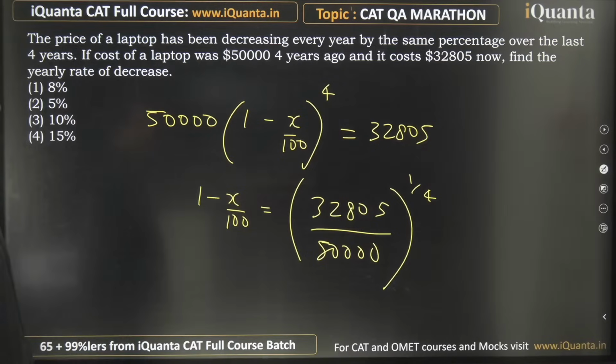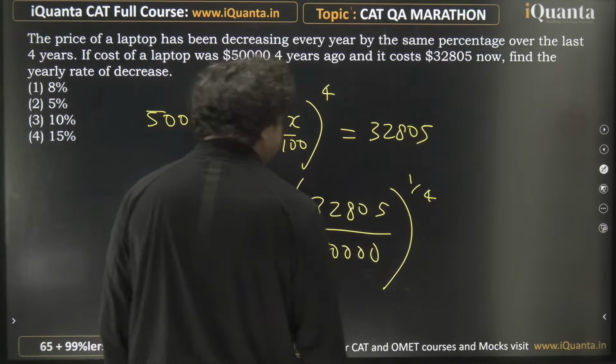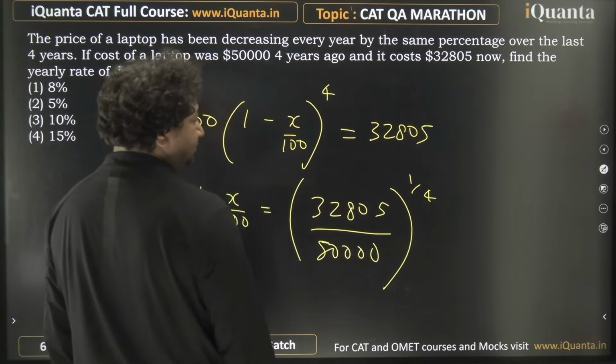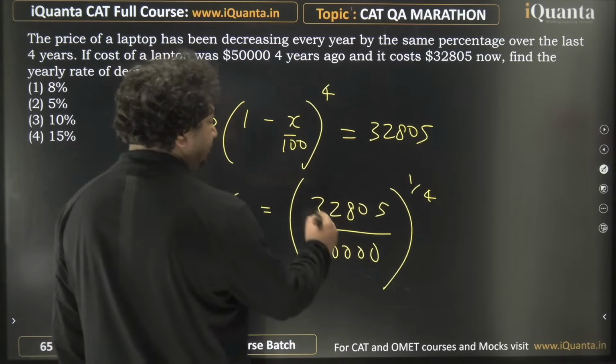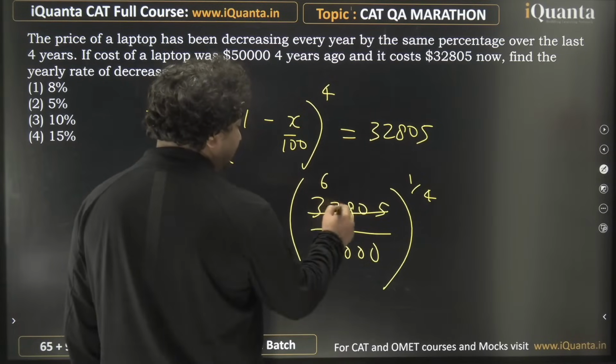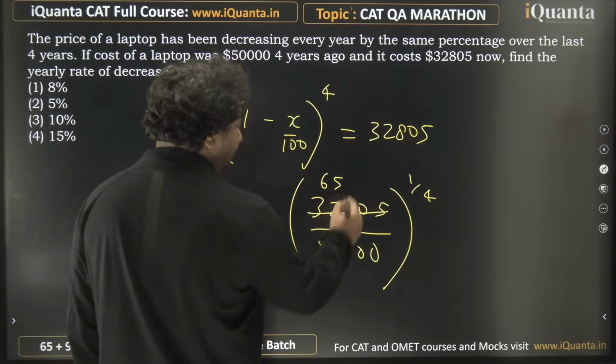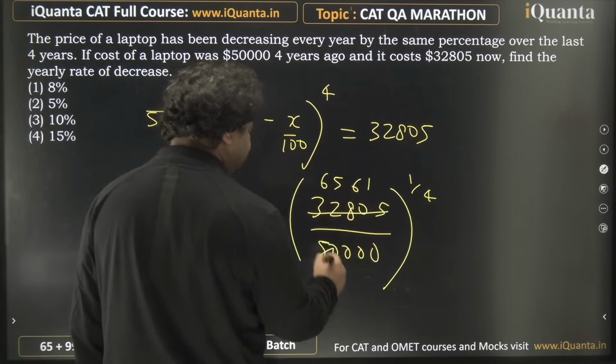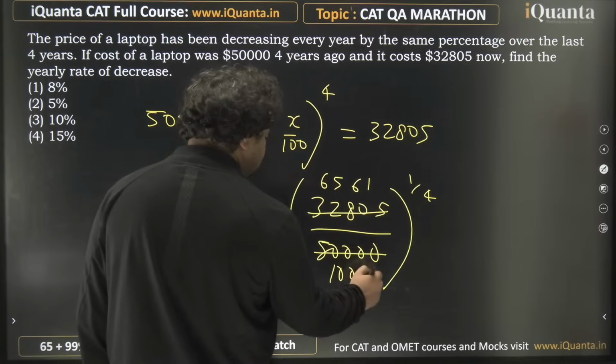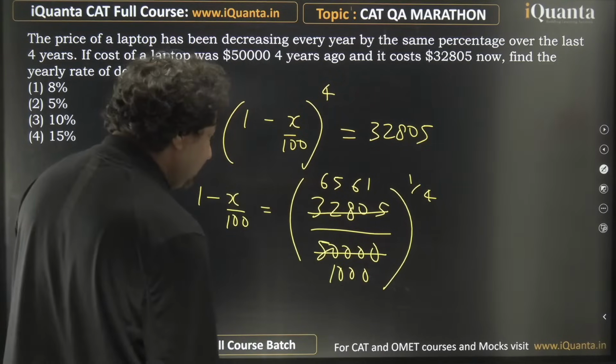So let's divide this. What do we get? 5 6 are 30, 5 5s are 25, 5 6 are 30 again, 5 1s are 5, and here we have 1000. As you can see, 10,000.